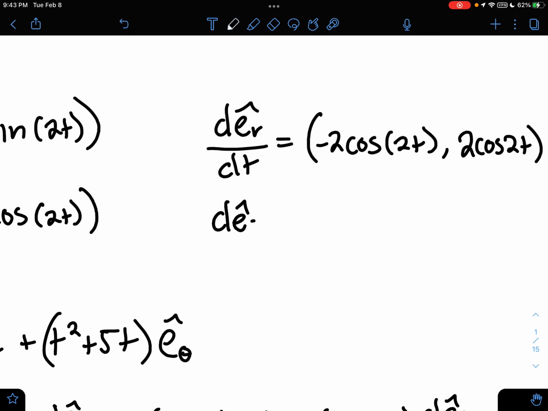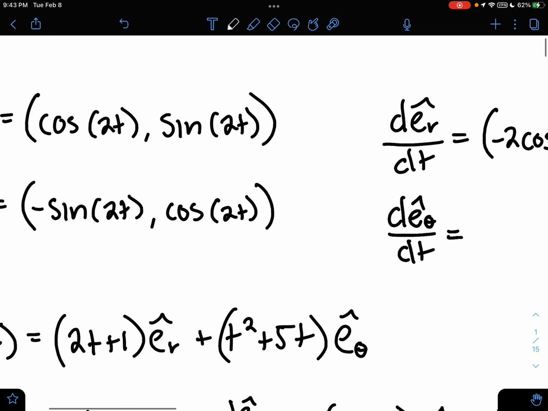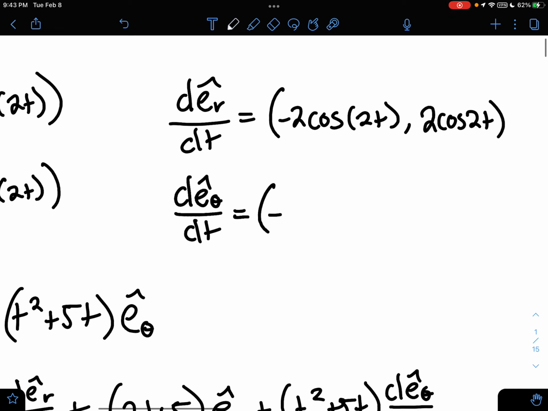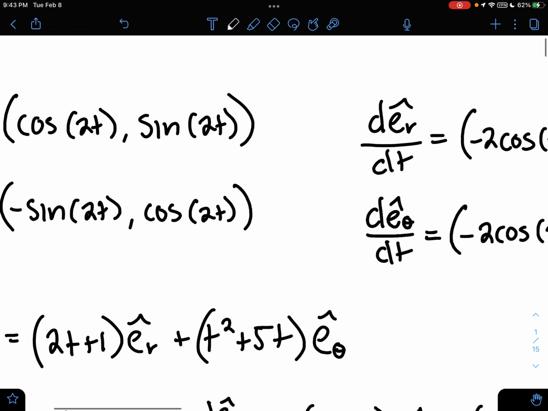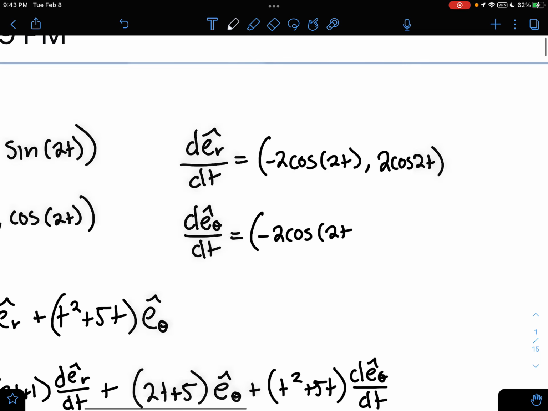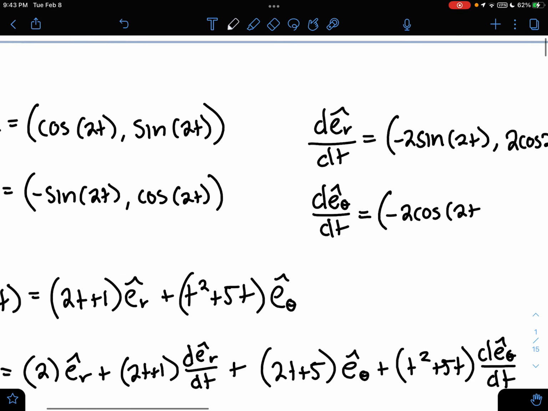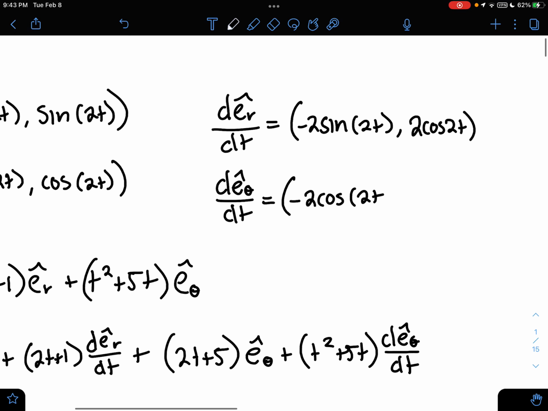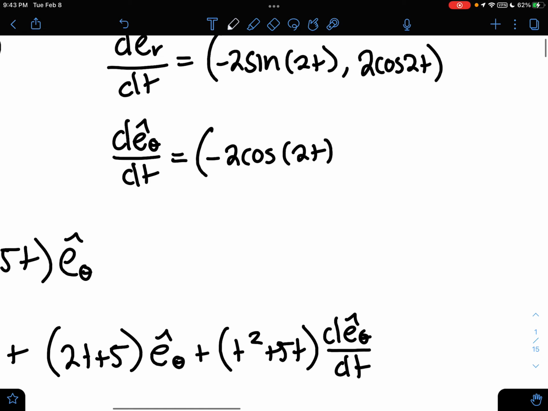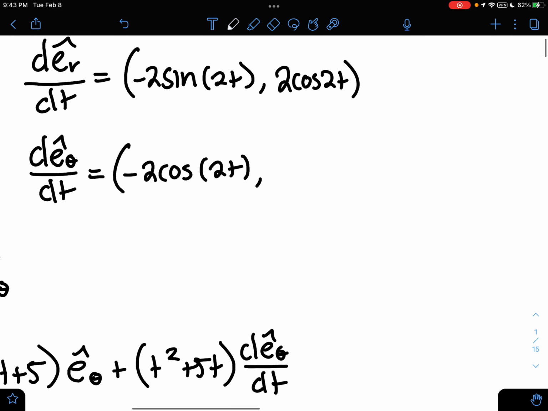d e hat theta dt is going to equal negative 2 cosine 2t. Ooh, I did this one wrong, sorry. This one's supposed to be sine up here, my bad. Negative 2 cosine 2t and negative 2 sine 2t.